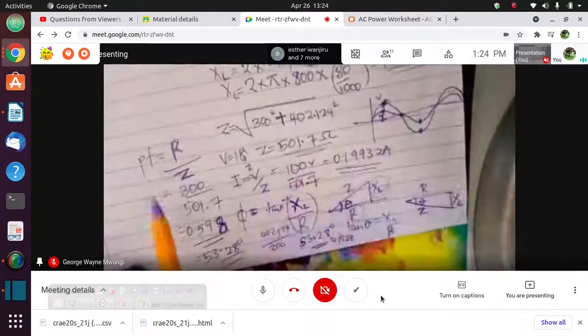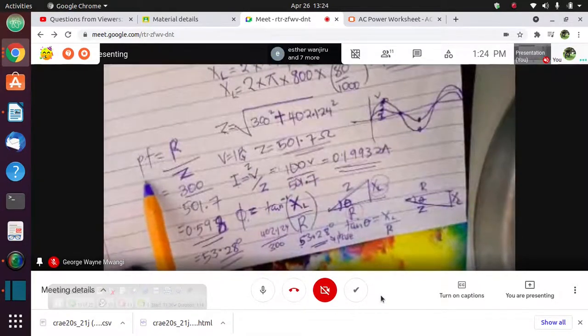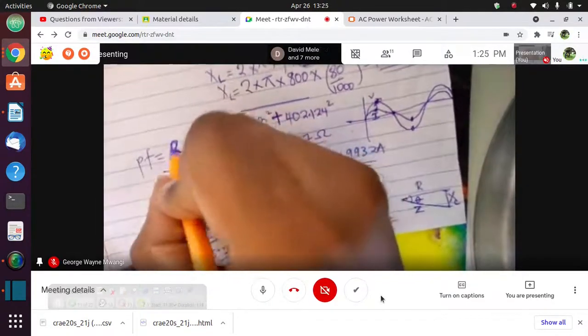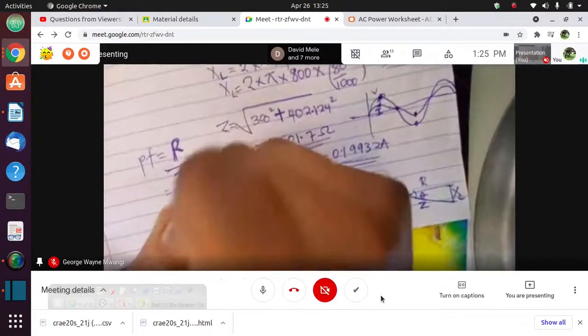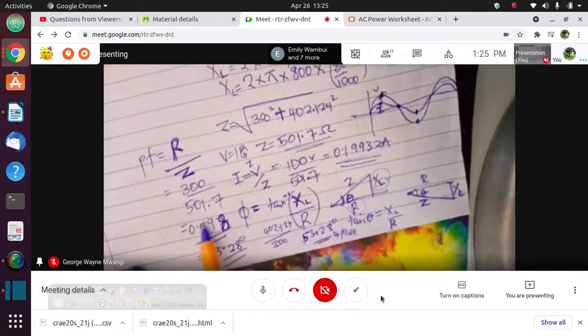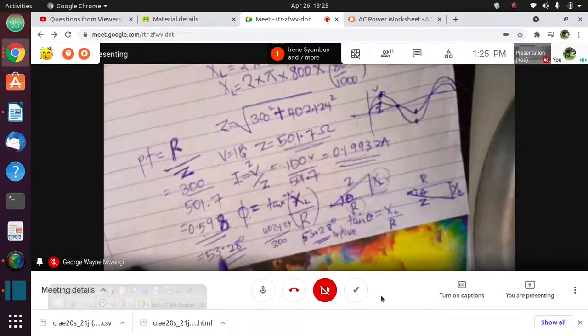Now the power factor. The power factor is given by the value of the resistor over the value of the total impedance, the total resistance in that circuit. The value of our resistor was 300. The value of the total resistance, the impedance, we calculated and found it as 501.7.